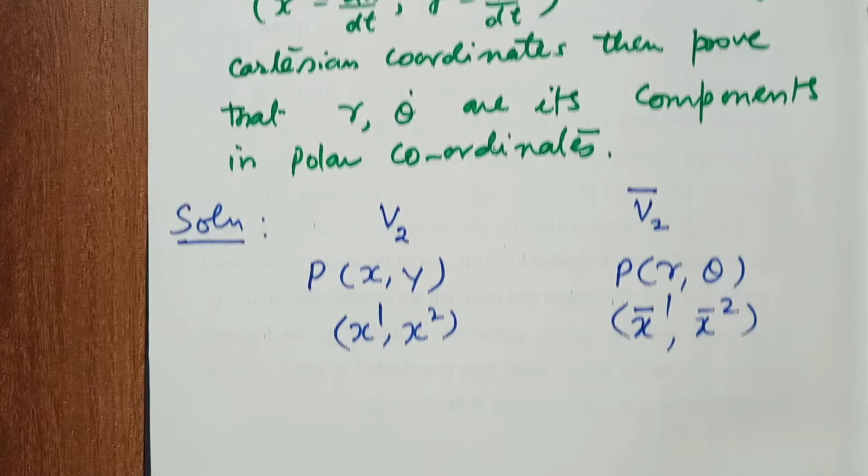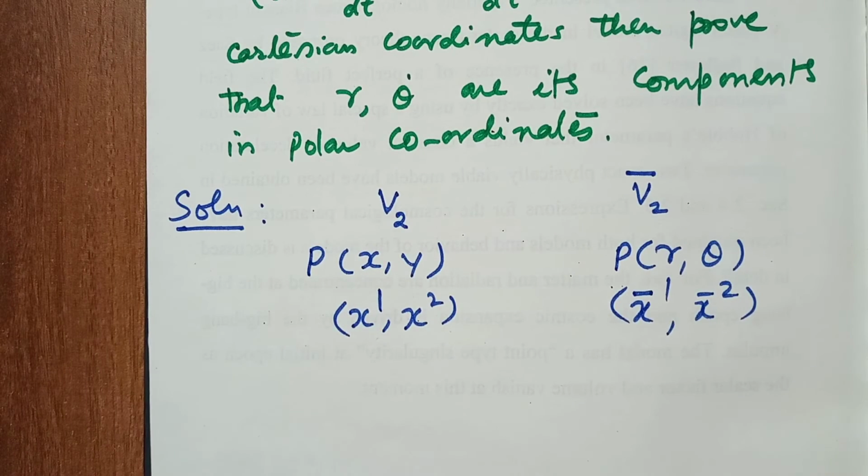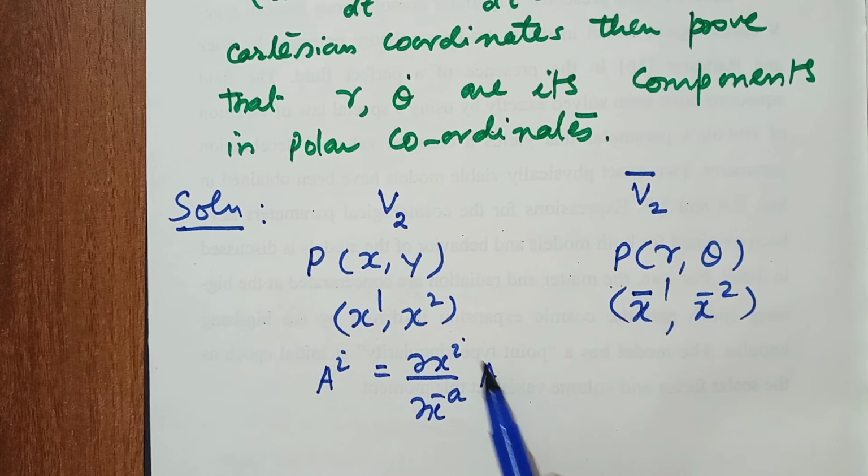So first we see what is the transformation rule of a contravariant vector. We know A^i equals del x^i upon del x bar a, A bar a.